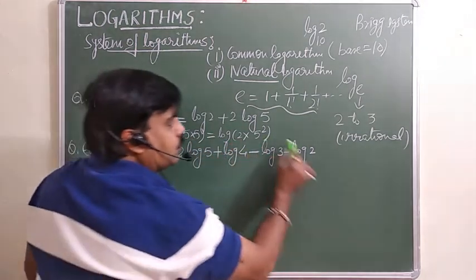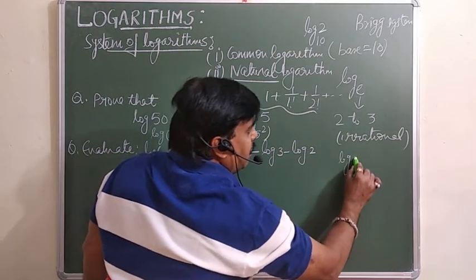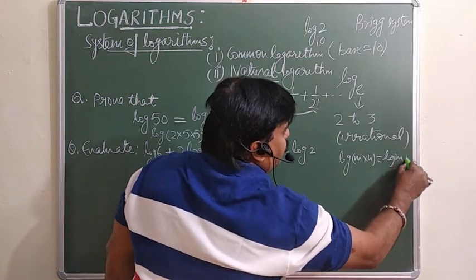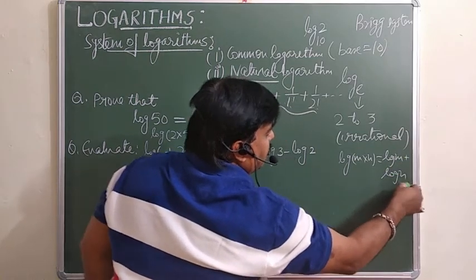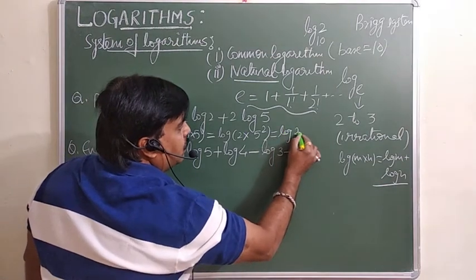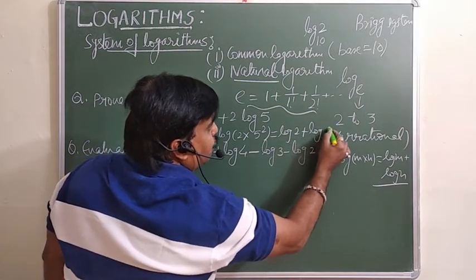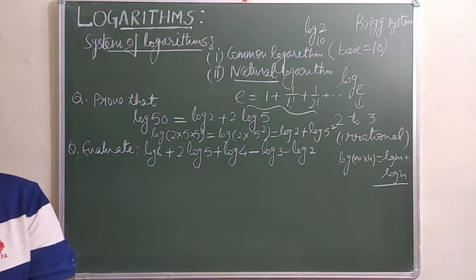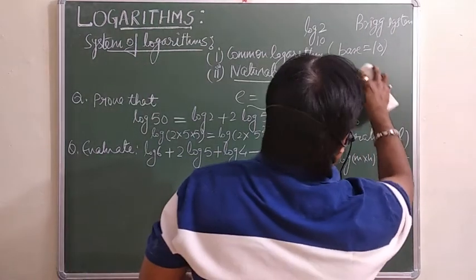Now you can apply this one: log of m into n is equal to log m plus log n. You can apply this first. So this can be written as log 2 plus log 5 raised to power 2. Simply you can break this.